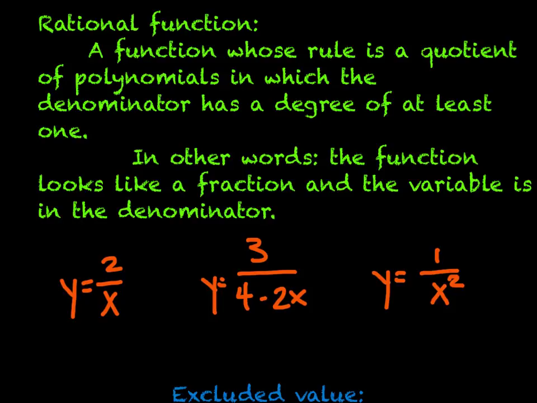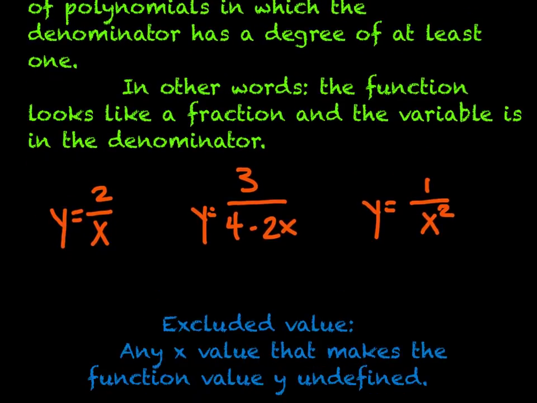This other one, we have y equals 3 divided by 4 minus 2x. Again, the variable is in the denominator, and this looks like a pretty complicated fraction. Last but not least, we have y equals 1 over x squared. X is, again, in the denominator. That is our variable. And it again looks like a fraction or a gigantic division problem. So we're looking for quotients here.